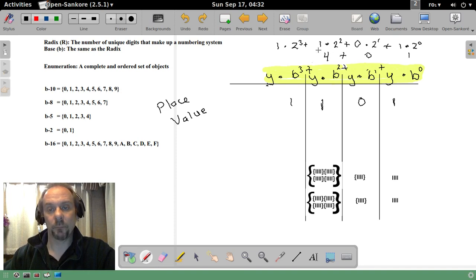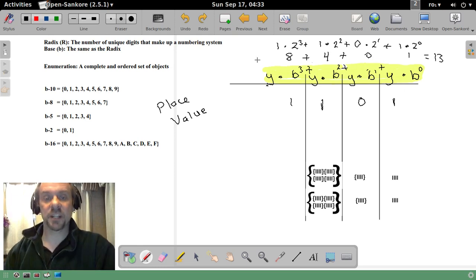And 2 to the third is 8, 1 times 8 is 8. So the decimal equivalent here is 13: 8 plus 4 plus 1. So we've now converted that number back.